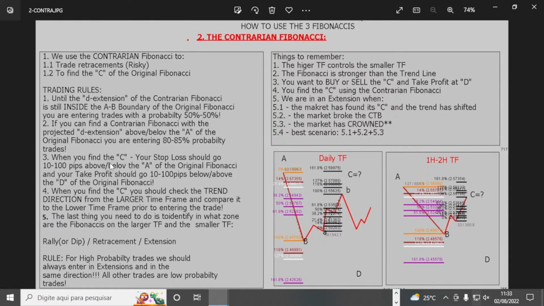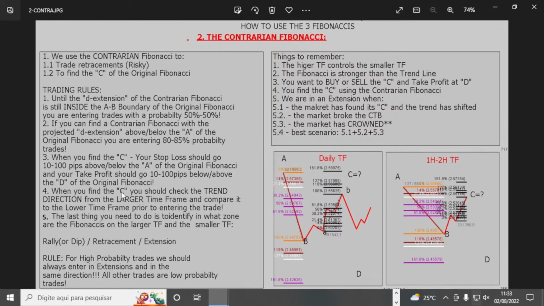Number 3, when you find the C, your stop loss should go 10 to 100 pips above or below the A, depending on how many decimals your broker has after the comma in the price range. Your take profit should go 1 to 100 pips below or above the D of the original Fibonacci.